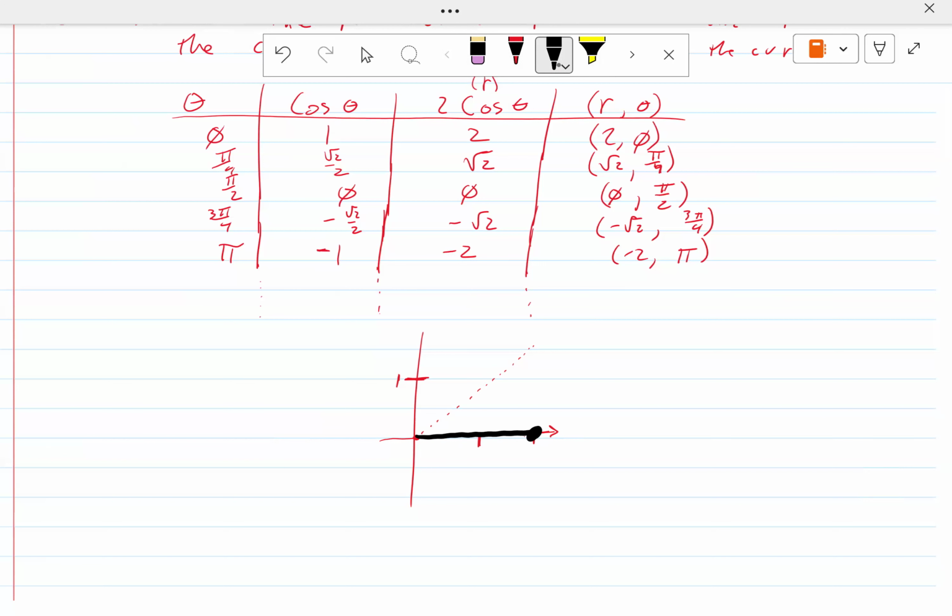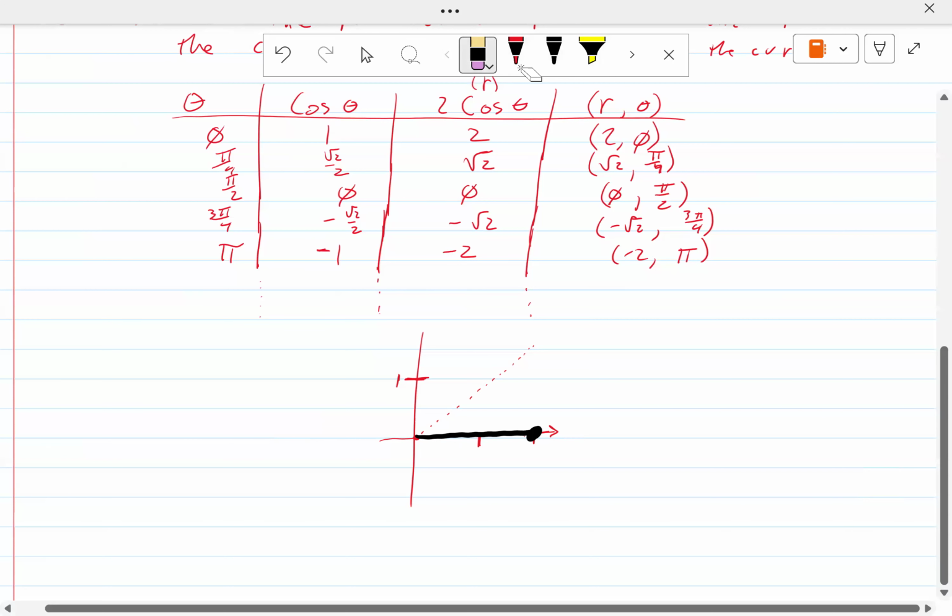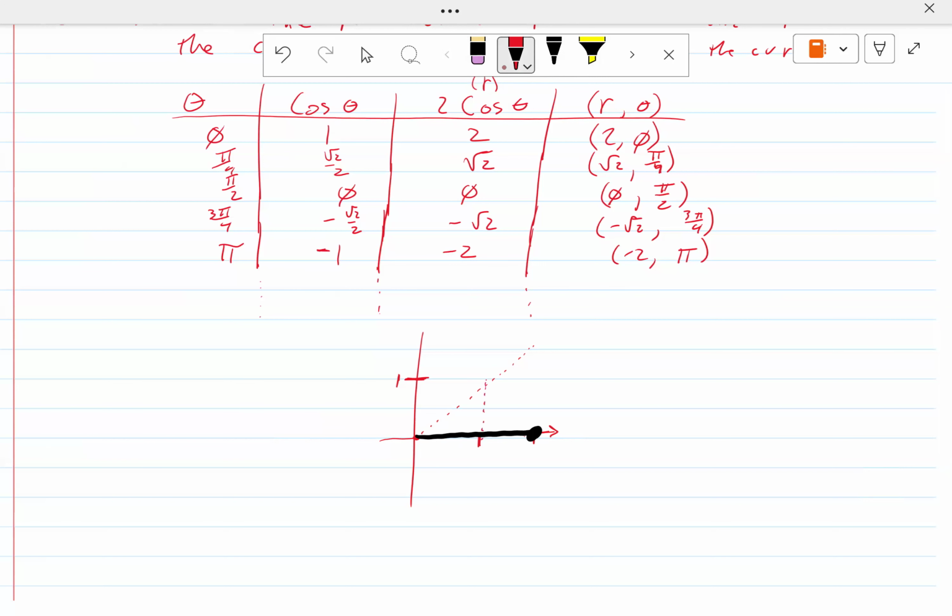Okay, now radical 2 at pi over 4. If we think of a square, the diagonal of this square, if it's a 1 by 1 square, that's 1, 1.